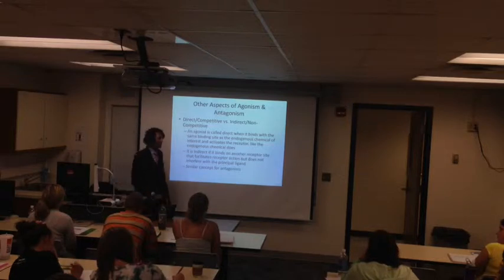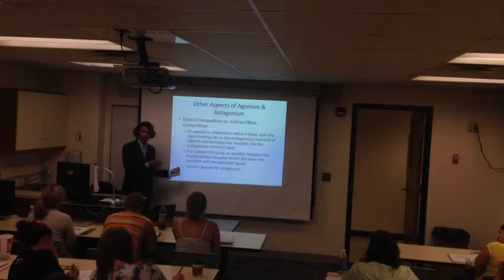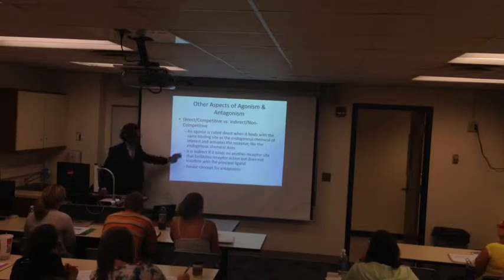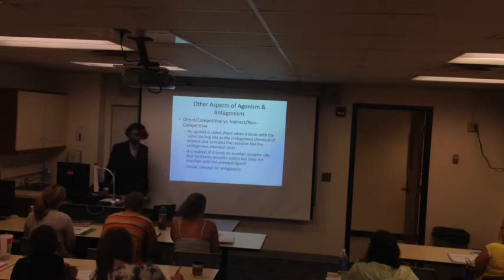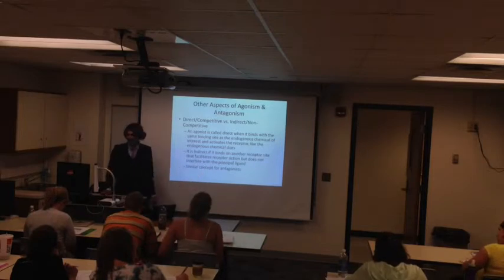I could indirectly agonize by holding the door open so more of you get into the room and log in yourselves. I'm not competing with you when I'm holding the door open because I'm not using a computer. But when I log into a computer, I'm competing with you because you can't log into that computer because I'm there. So competitive or non-competitive is another important distinction, and applies to agonism and antagonism.